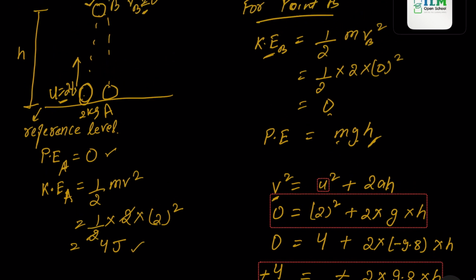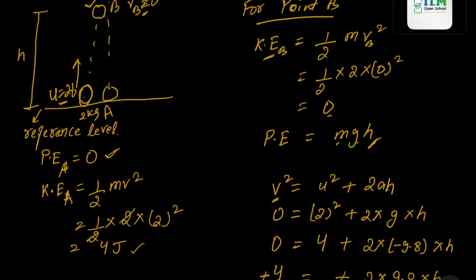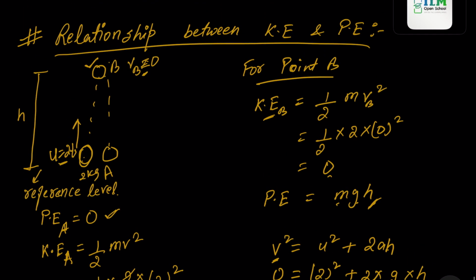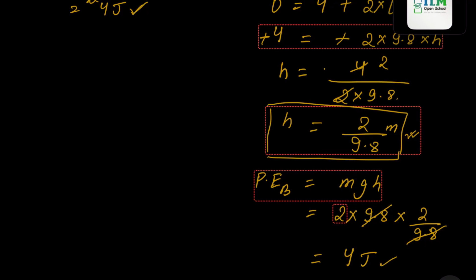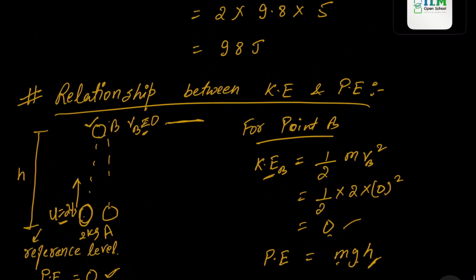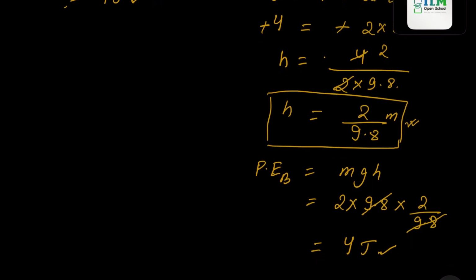So one thing that I want you to see, that here potential energy is 0 and kinetic energy is 4 joule, at this reference level. And at this point, this B level, the kinetic energy becomes 0 and potential energy becomes 4. We can see that kinetic energy decreased to 0 and potential energy increased to 4.